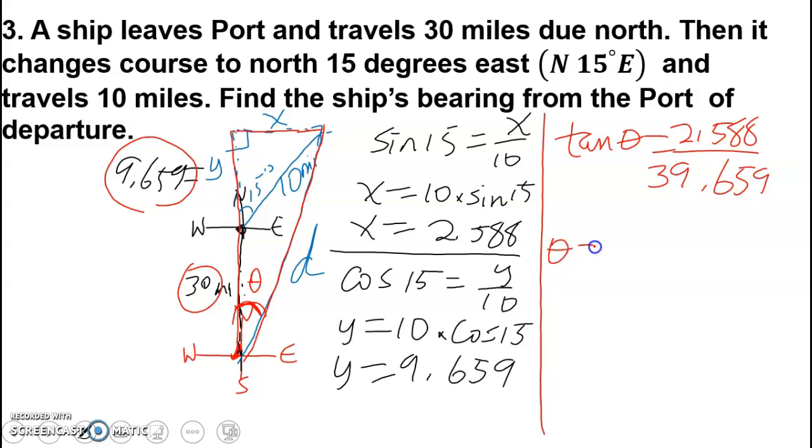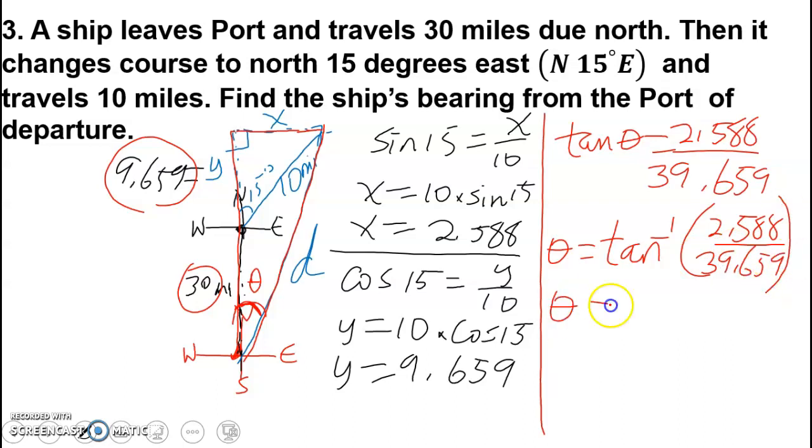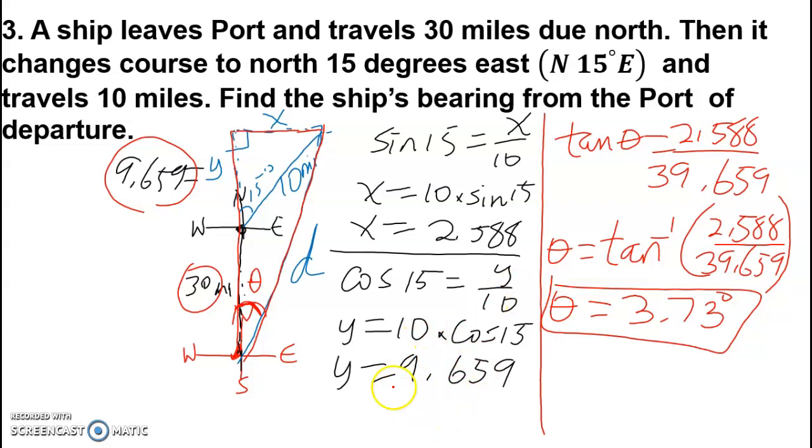So theta is going to be the inverse tan of that. So we can plug it into our calculator like that. We get about 3.7. It's a little tiny angle.